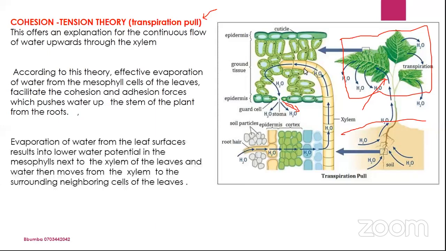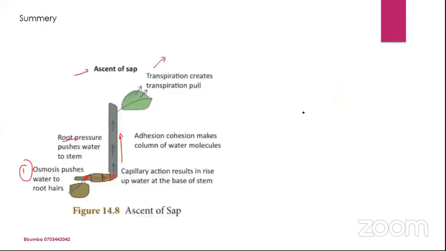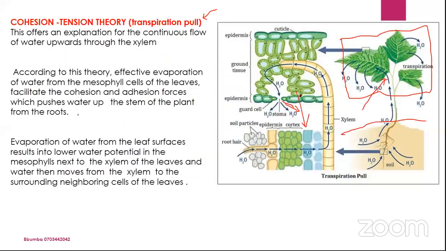Now you find that when water evaporates from the leaf surfaces here, you find that these cells around, are you seeing these cells around? They are going to have a low water potential because they have lost water. So there is a low water potential here.